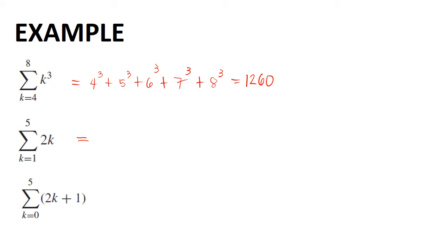So for this example, we are going to add the summation of 2k from k equals 1 to 5, which means 2 times 1 plus 2 times 2 plus 2 times 3 plus 2 times 4 plus 2 times 5.